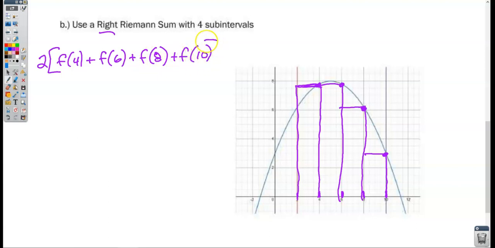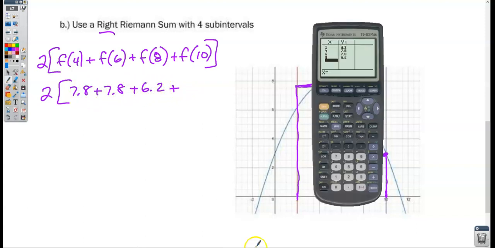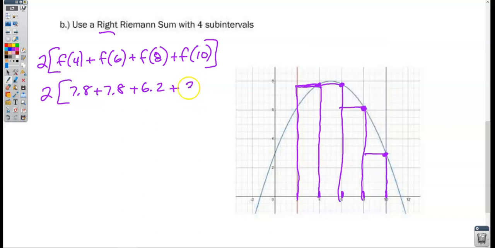Fourth rectangle, it's f of 10. Already found f of 4, 6, and 8 in the last problem. And then I just need f of 10. I'll go ahead and type 10 in here. And that value is 3.